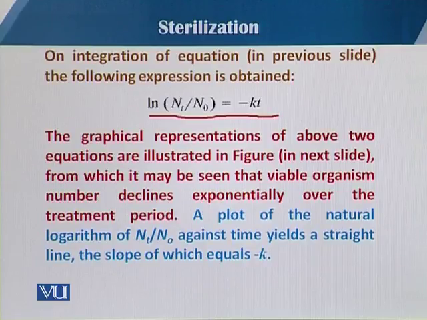If we plot the graph between time and the natural logarithm of Nt over N naught, then there is a straight line, as you can see in this slide.